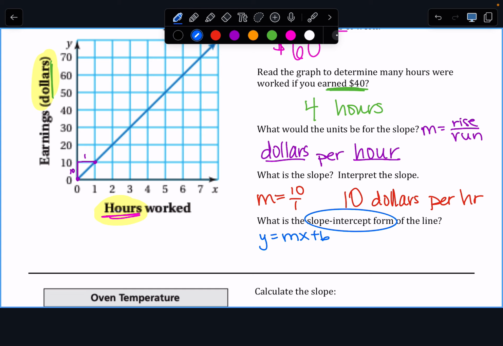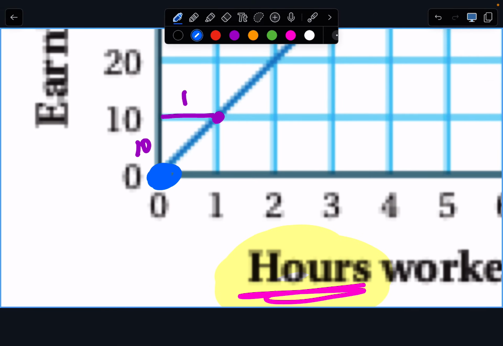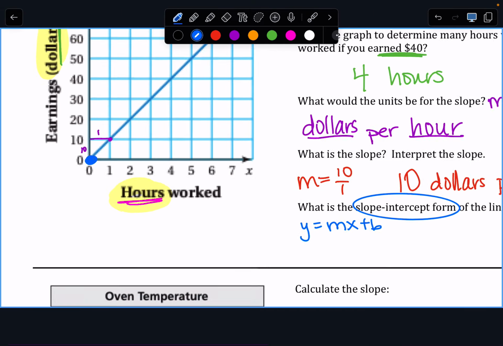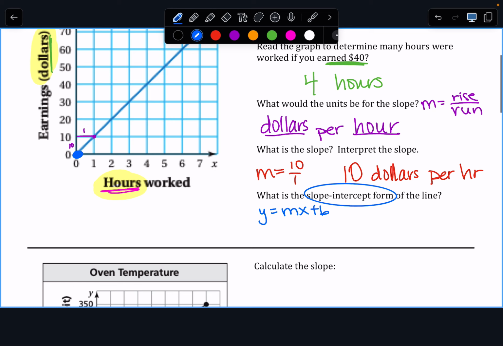We already found it, right? 10. What's our y-intercept? Where do we hit the y-axis? 0. So if b is 0, then y equals mx plus b, our m is 10, and our b is 0. Do I have to write plus 0? No.